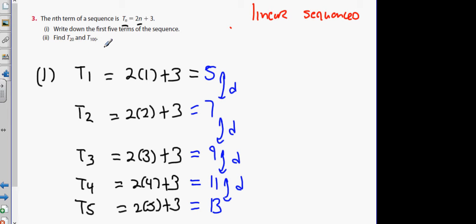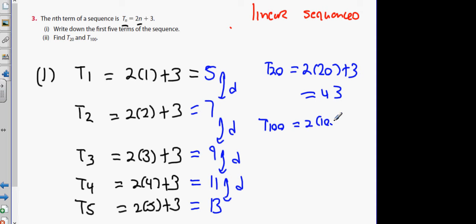T20 and T100 is just replace n with 20 and n with 100. That's all you gotta do. So the 20th term would be 2 times 20 plus 3, which is 43. The 100th term, 2 times 100 plus 3 is 203.